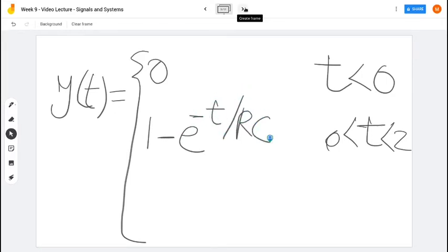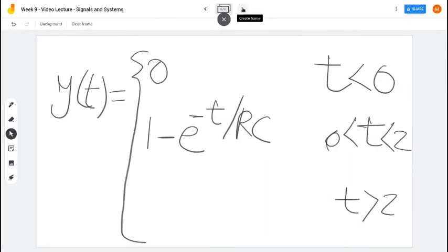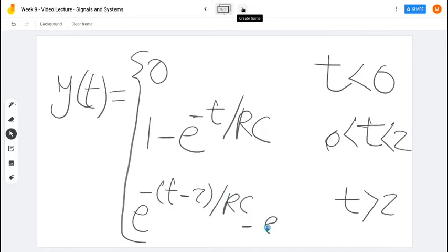And for the last interval where t is larger than 2, again this negative sign will just swap the two terms over here, so we will be having e to the negative t minus 2 over RC minus e to the negative t over RC.